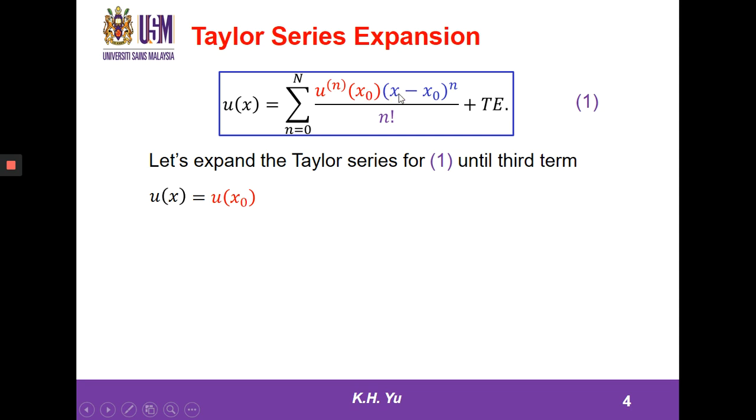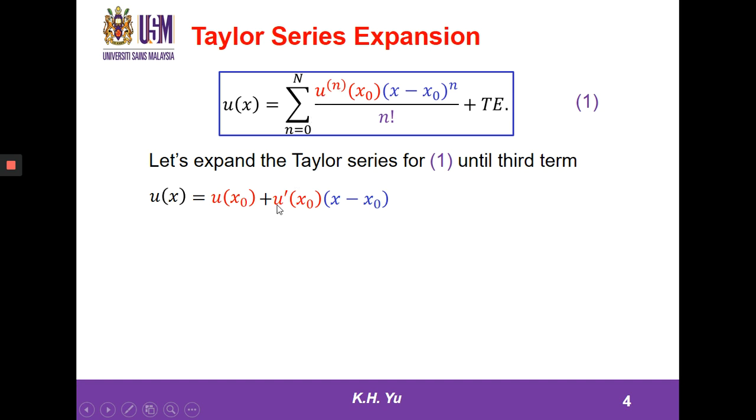Multiplied with (x minus x0) to the power of 0, this whole thing will give you a 1, and 0 factorial itself will give you a 1. So what is left over here is just the function u at x0. The second term is n equals 1.